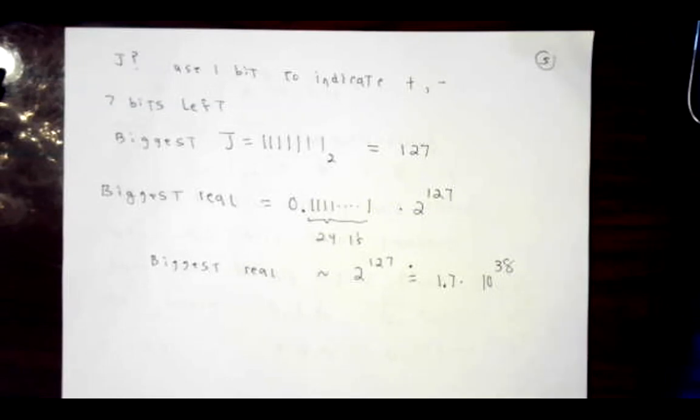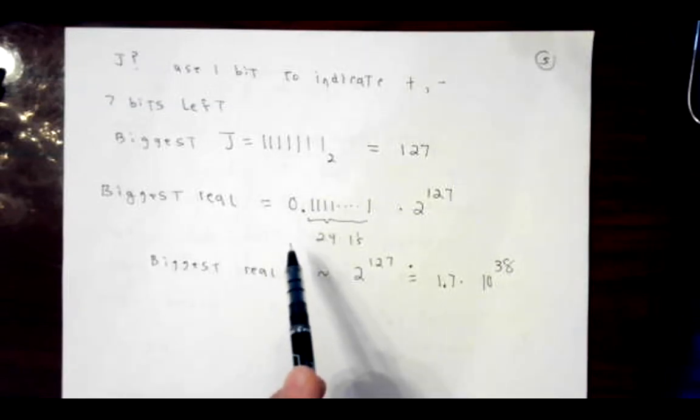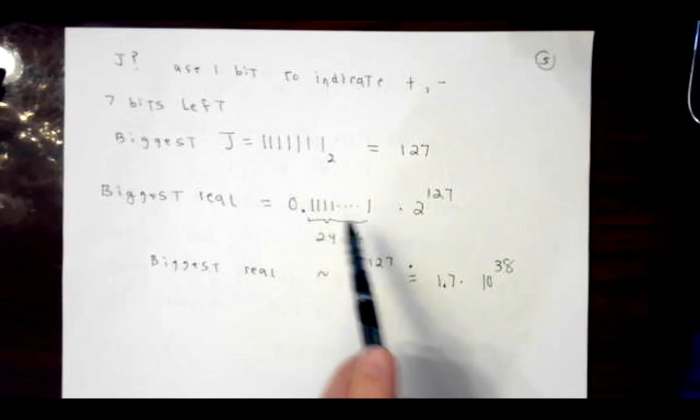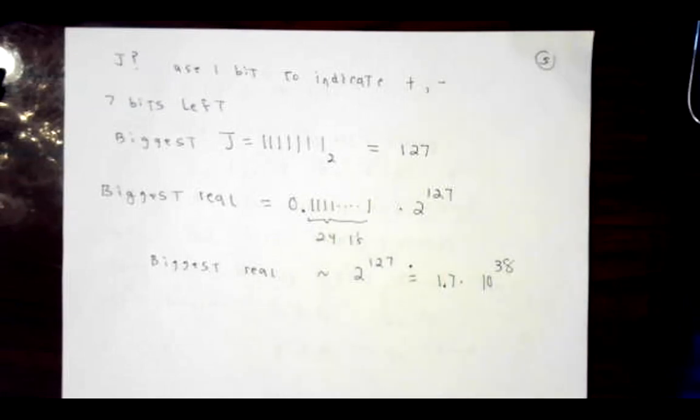So I'm going to say that the biggest real is, roughly speaking, 1 multiplied by 2 raised to the 127th power, which, if you calculate this using a calculator, comes up to be about 1.7 times 10 to the 38th power. This, roughly speaking, is the largest 32-bit real value that we can have.